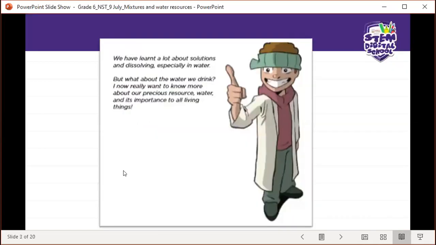And then this small cartoon says, we have learned a lot about solutions and dissolving, especially in water. As you can remember from the previous examples, activities and investigations that we carried out, water is usually the solvent.